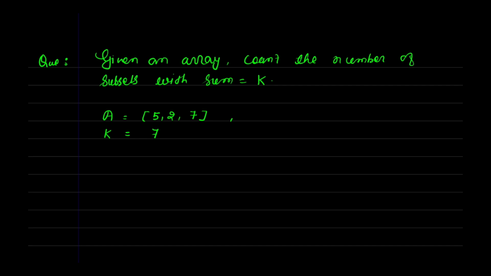So we have to find out the subsets whose sum is k, that means 7. This is our expected output.